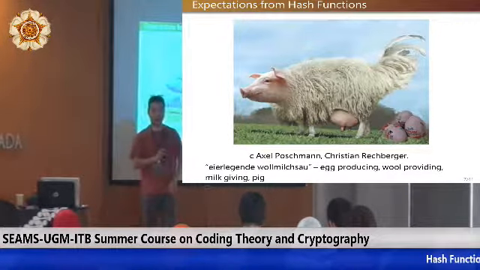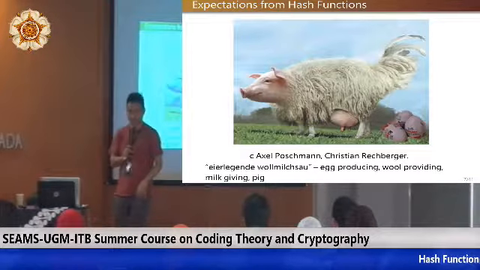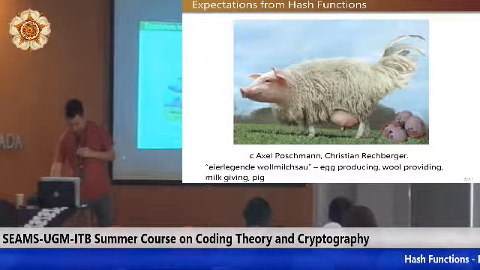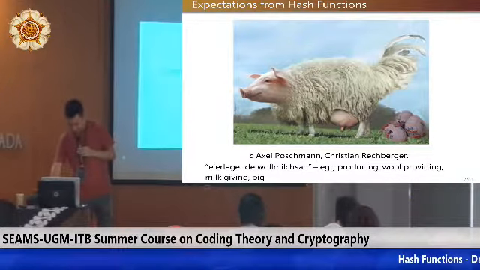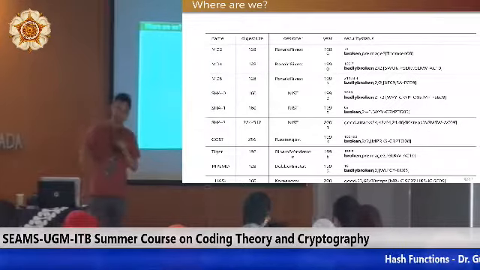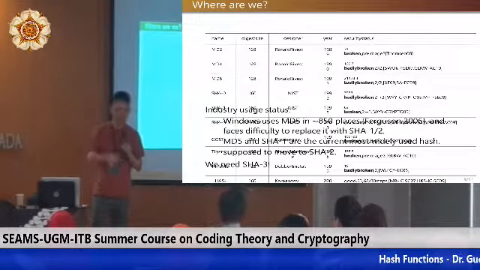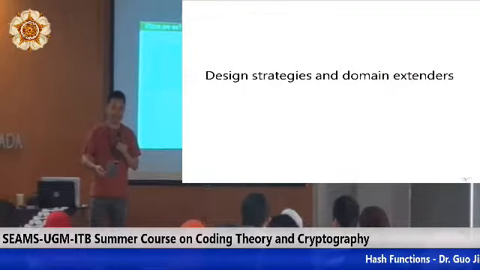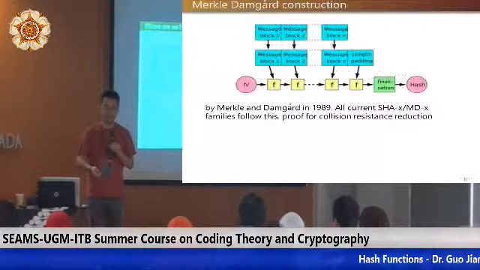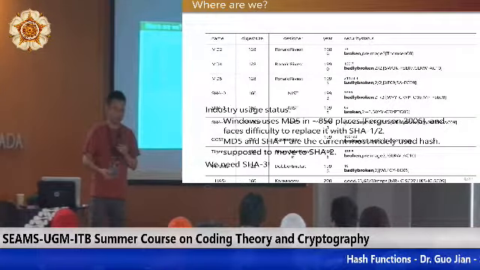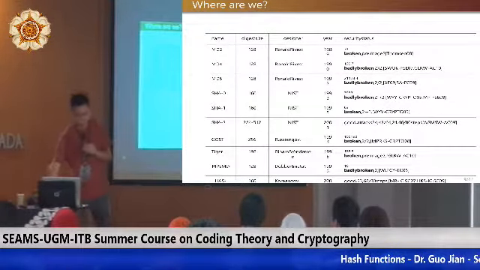Too many things are expected from a hash function. If you expect too many things, we have to take too many things into account during the design phase, and then it's easy to make mistakes. Some of the requirements will not be fulfilled, and that's what we call broken.